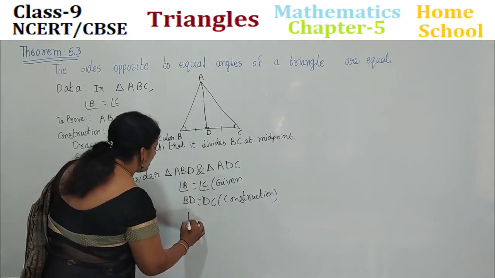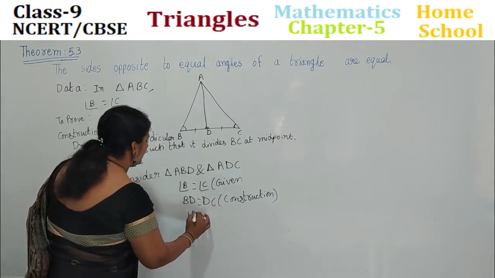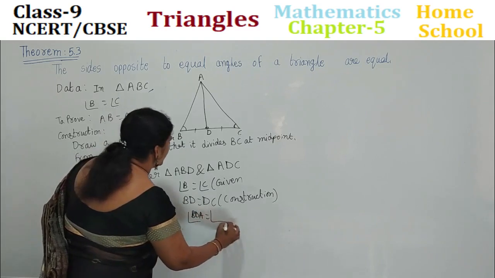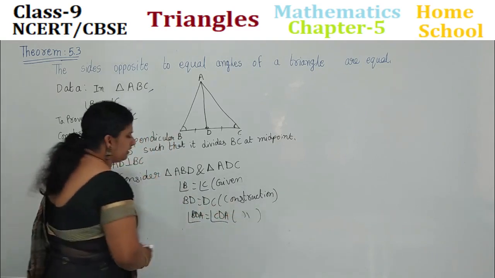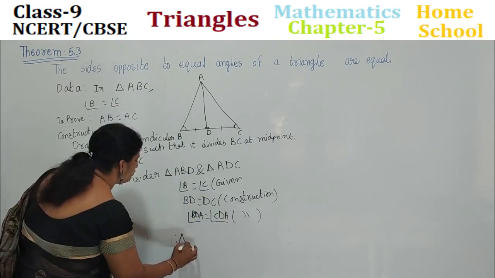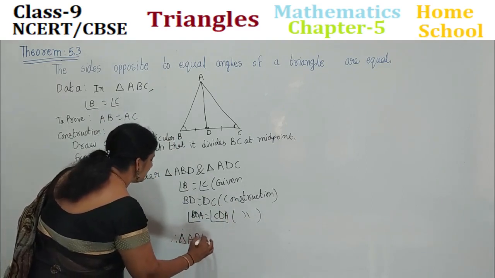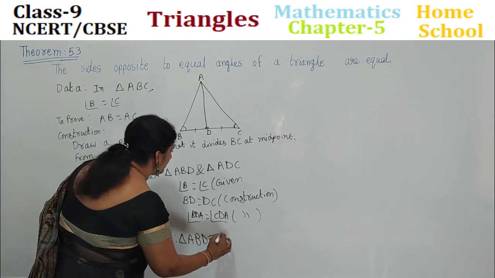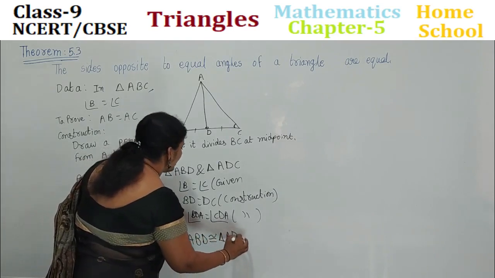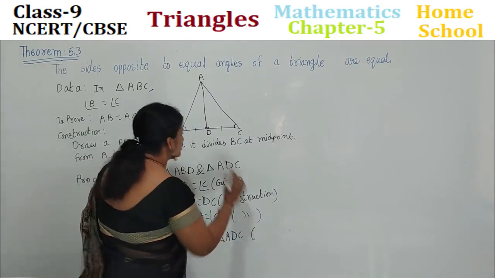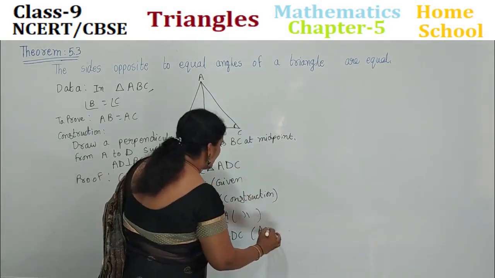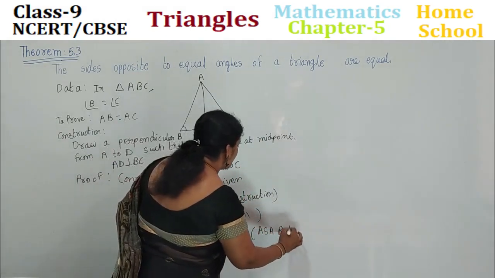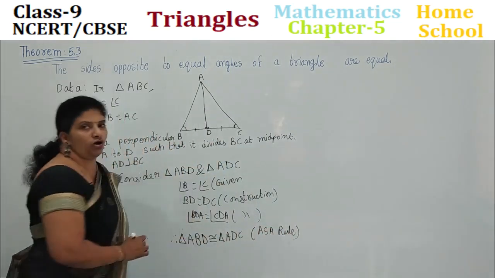Then angle BDA is equal to angle CDA. This is also through the construction. Therefore, triangle ABD is congruent to triangle ADC. By which rule, children? Angle, side, angle. That is ASA rule. I say that these two are congruent.